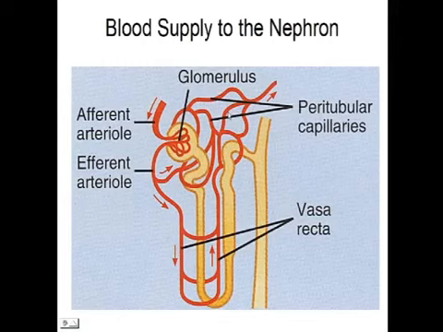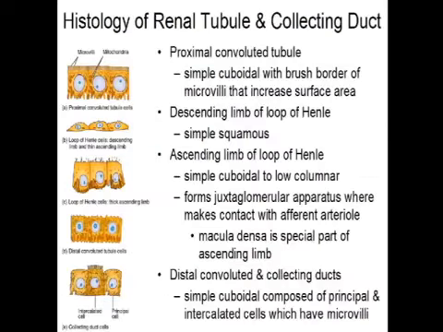So this is the blood supply to the nephron. You can see the afferent arteriole entering into the Bowman's capsule and giving rise to the glomerulus, and then these capillaries unite together to give rise to the efferent arteriole. Efferent arterioles then become the peritubular capillaries and the vasa recta.